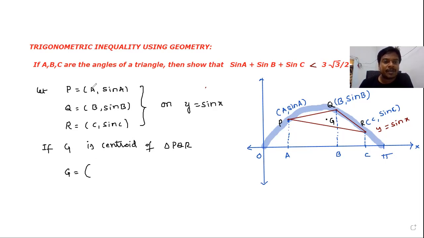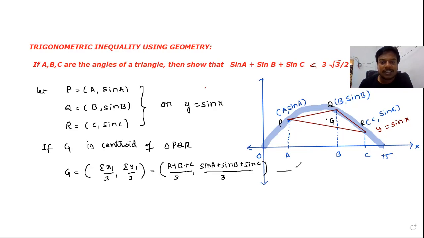What we get: (A plus B plus C) whole divided by 3, comma, next summation y1, that is y1 plus y2 plus y3, divided by 3 also, right? So what we get is sin A plus sin B plus sin C, whole divided by 3. This is clearly the centroid.